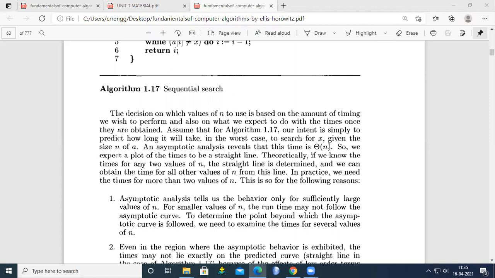So we expect a plot of the times to be a straight line. If we know the times for any two values of n, the straight line is determined, and we can obtain the time for all other values of n from this.